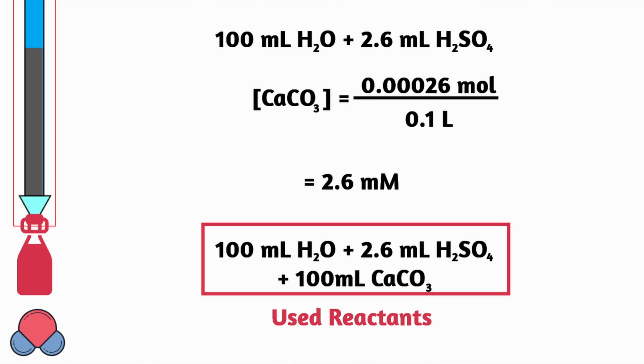Now, sulfuric acid reacts in a 1-to-1 ratio with calcium carbonate. So the concentration of calcium carbonate is the mole of calcium carbonate divided by 0.1 liters, and adding the mole we get a concentration of 2.6 millimolar. A millimolar is basically a thousandth of a molar.